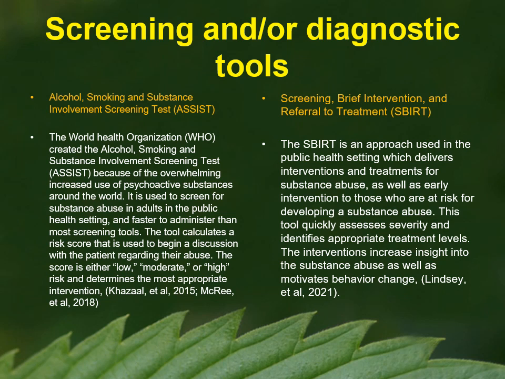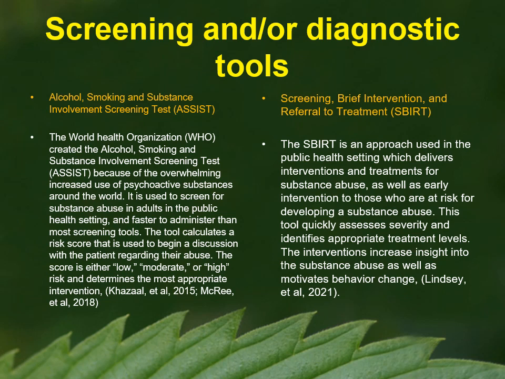It is used to screen for substance abuse in adults in the public health setting and is faster to administer than most screening tools. The tool calculates a risk score that is used to begin a discussion with the patient regarding their abuse. The score is either low, moderate, or high risk and determines the most appropriate intervention.